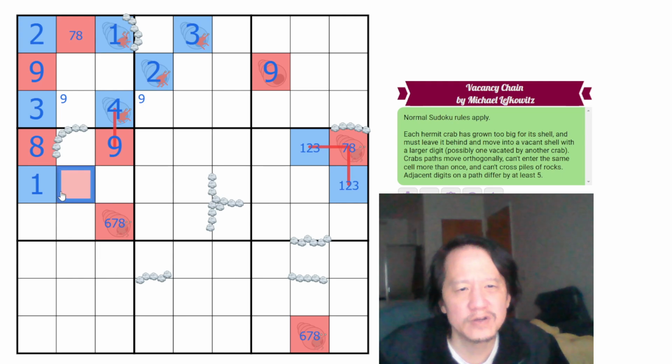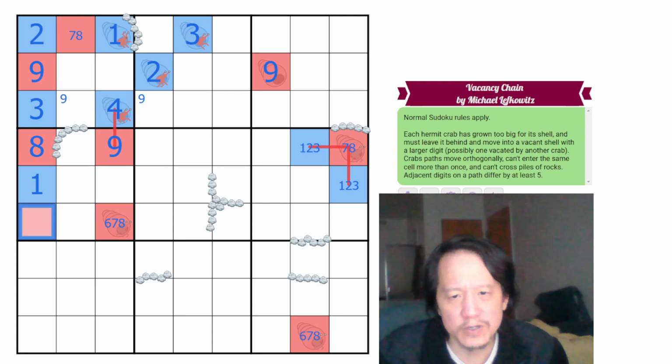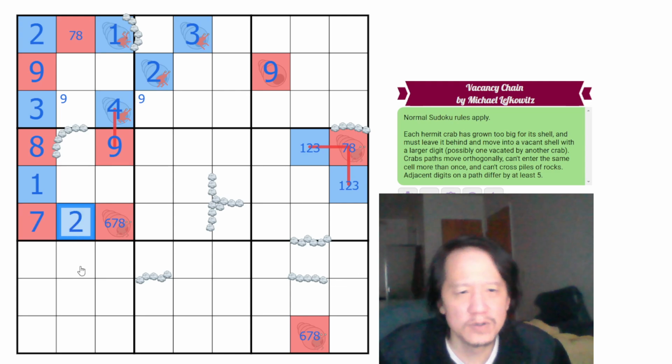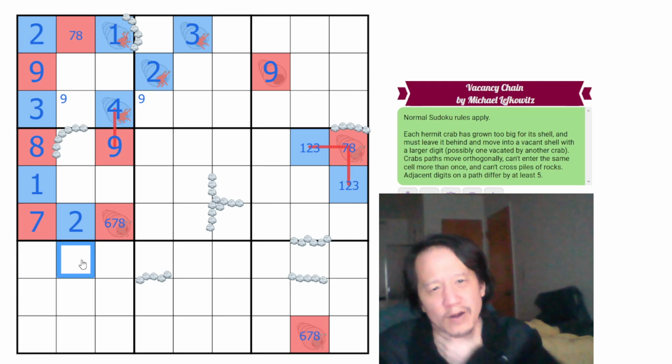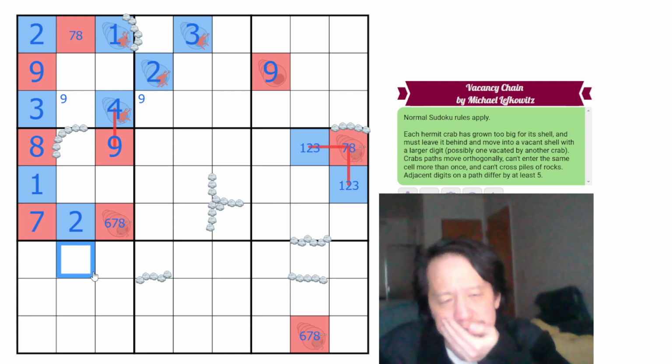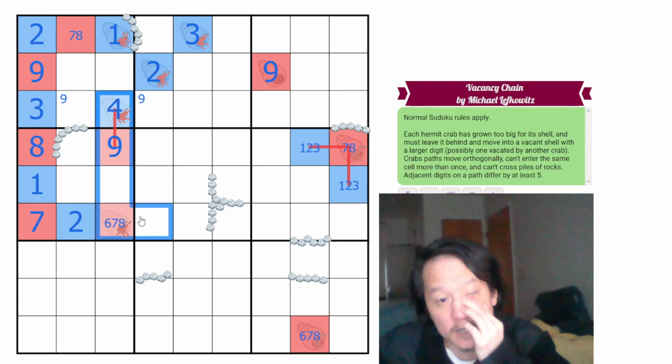I don't even know. So maybe it doesn't have to go that way. It could go this way. That could be 7 too. And then you could go here, which would be 2. Then you would have to go around. So this would have to go something like that, then that, right?